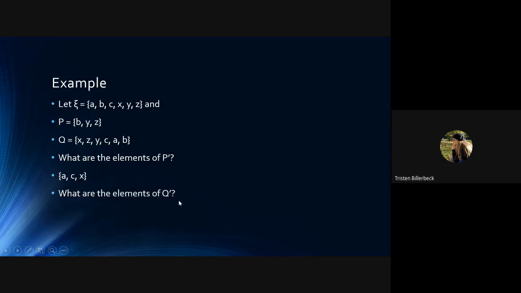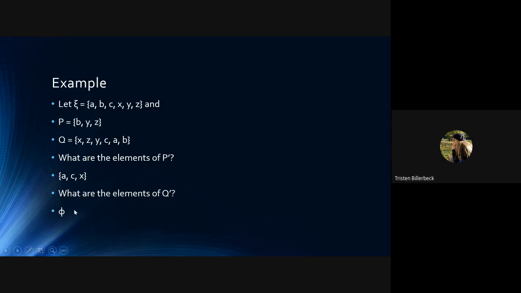So what are the elements of the complement of Q? If we look at this, we're like, oh, come on, you're trying to fool me here. This is the same elements as the universal set. So that means that it's a null set, phi. Excuse me on my pronunciation of Greek letters.